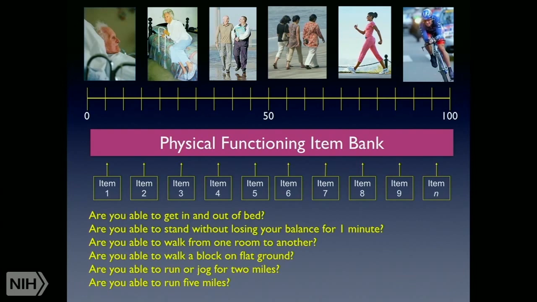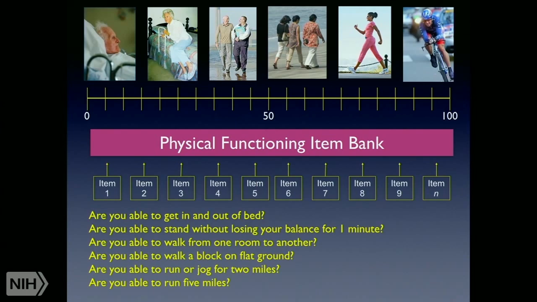Are you able to get in and out of bed? Are you able to stand without losing your balance for 1 minute? Right? Are you able to run 5 miles? Okay? Any item or set of items from this bank could be used to generate a score for a person for physical functioning. Right? Any of them. And why is that? It's because we've put these items through the ringer to make sure that they fit an item response theory model. It's a statistical model that allows all of these properties to hold. Okay?